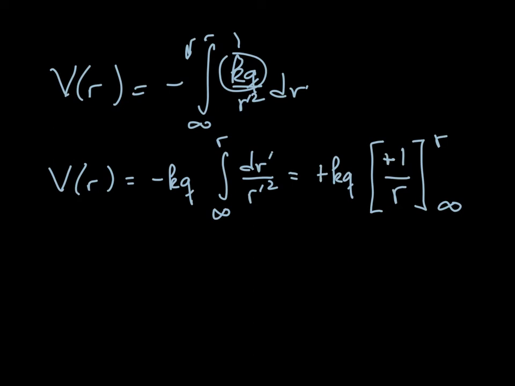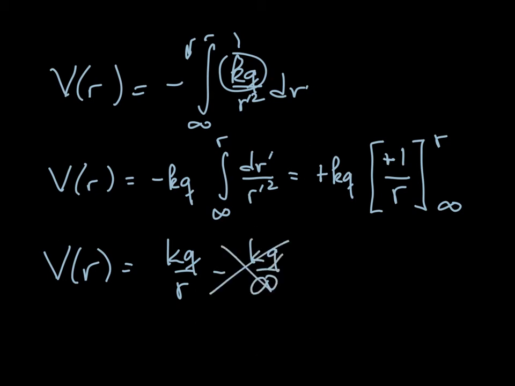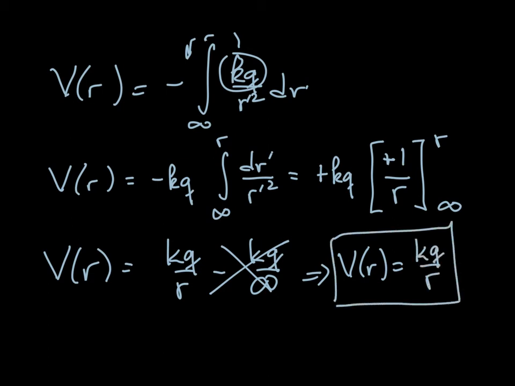This minus sign cancels out, and we are left with V equals kq over r minus kq over infinity, which of course is 0. So the voltage due to a single point charge, a distance r away from that point charge, is just kq over r. And this is going to be the basis for which we make calculations in the future.